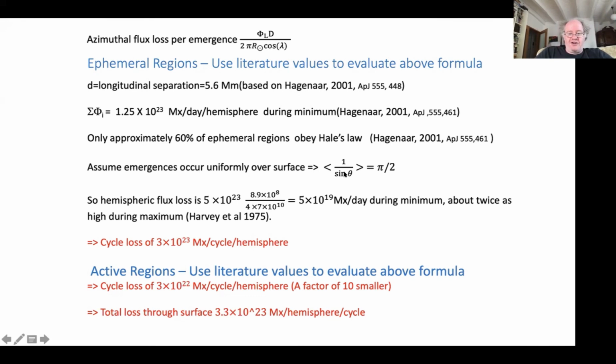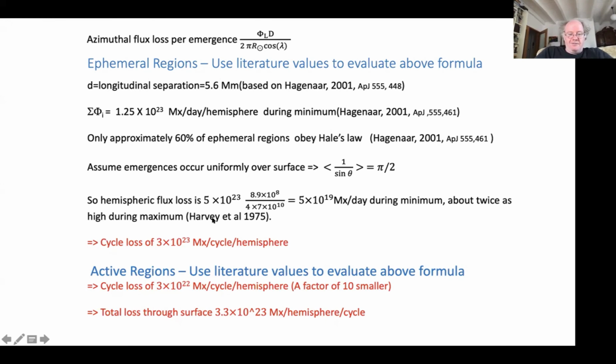The emergences occur over the whole surface of the sun. These are ephemeral regions; this is just an observation. So you can calculate the flux loss per day, and it's 5 times 10^19 Maxwells per day per hemisphere. During maximum, it should be about twice this.